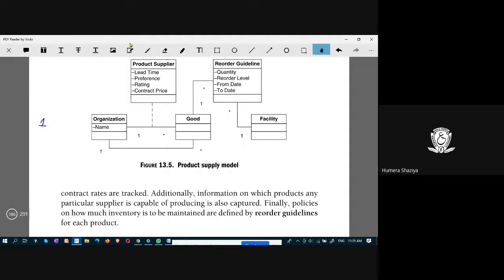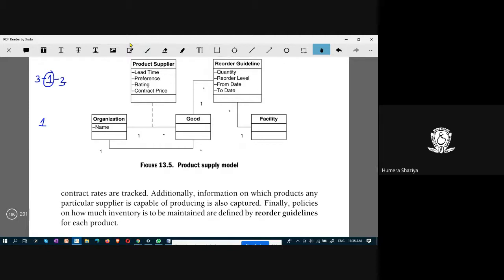If they bring three, two get sold, and one is left. When one is left, they go and buy two or three more. One is the reorder level.